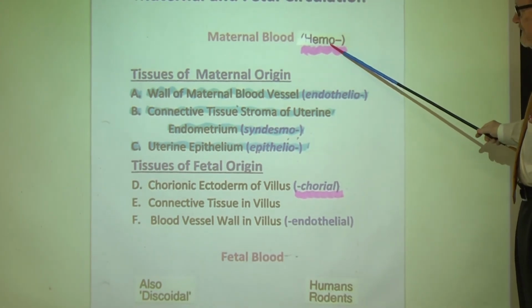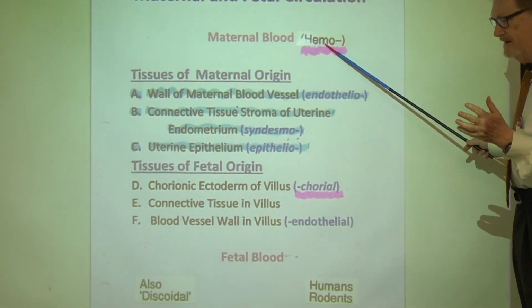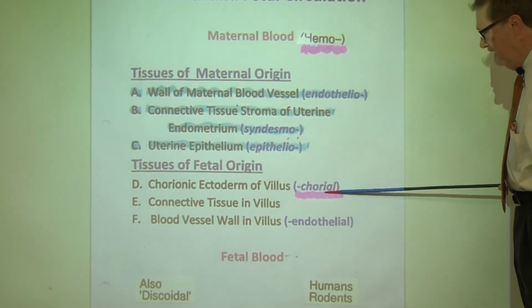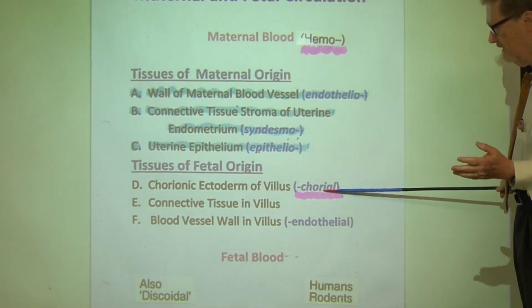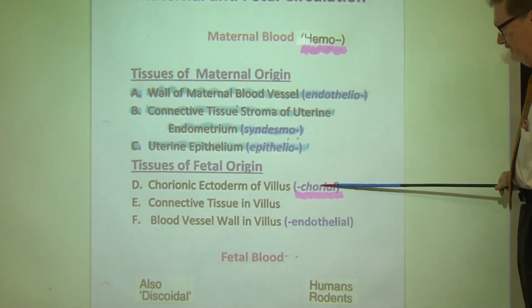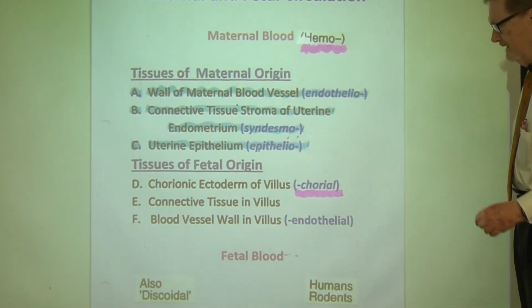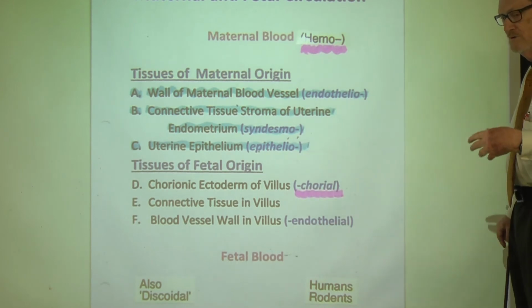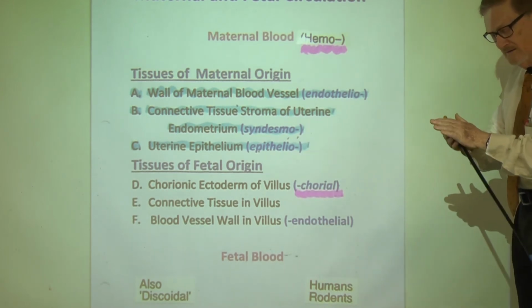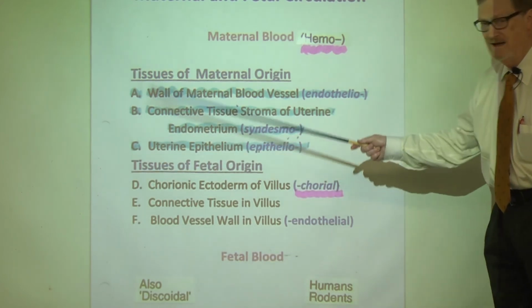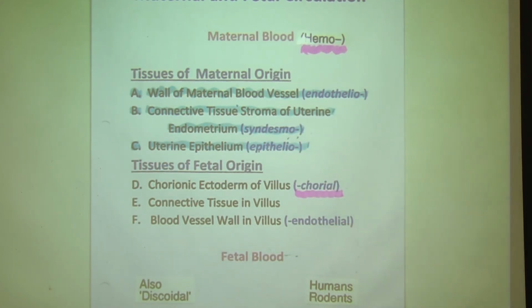So the prefix for this type of placenta is blood, hemo, and the outer layer of fetal origin is the chorionic villus or chorial. Hemochorial is the name of this type of placenta, named according to which tissues are in intimate contact of maternal and fetal origin. It's also called the discoidal because it had one disc of those villi stuck out on the side.